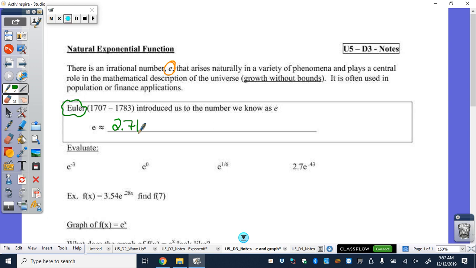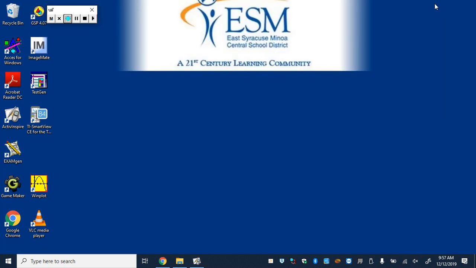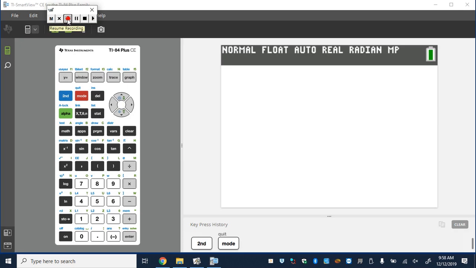It can be found on your calculator also. There is a button on your calculator that's ln. Right above the ln button, there is your e to the x. That is our number that we use.